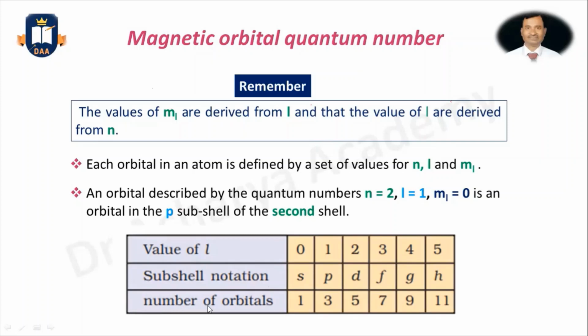And for the number of orbitals, for the s subshell only one orbital is present, for the p subshell 3 orbitals are present, for the d subshell 5 orbitals are present in an atom, and for the f subshell the number of orbitals present is 7. So it is very clear that when l is equal to 1, it is the p orbital. That's why we have written this is the p subshell.